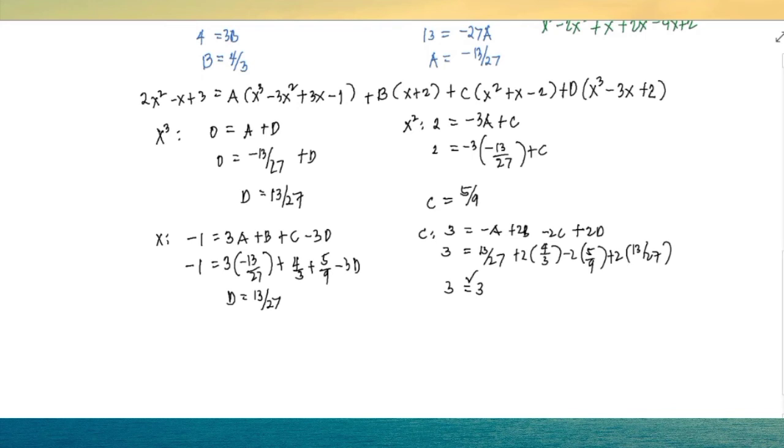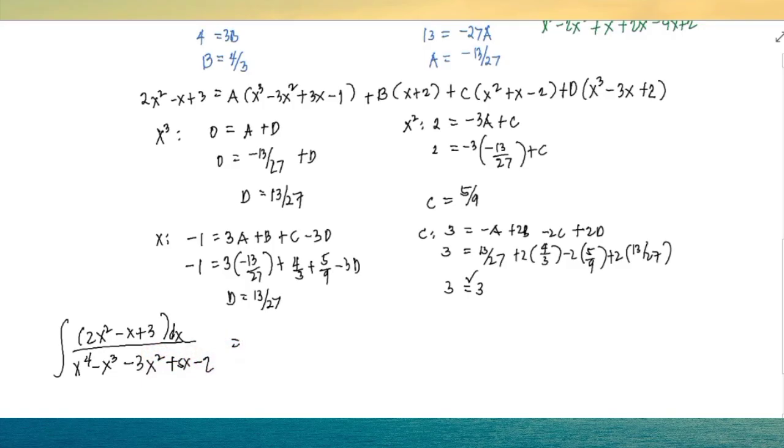And so babalikan natin, we have the integral of 2x squared minus x plus 3 dx over x to the fourth minus x cubed minus 3x squared plus 5x minus 2.